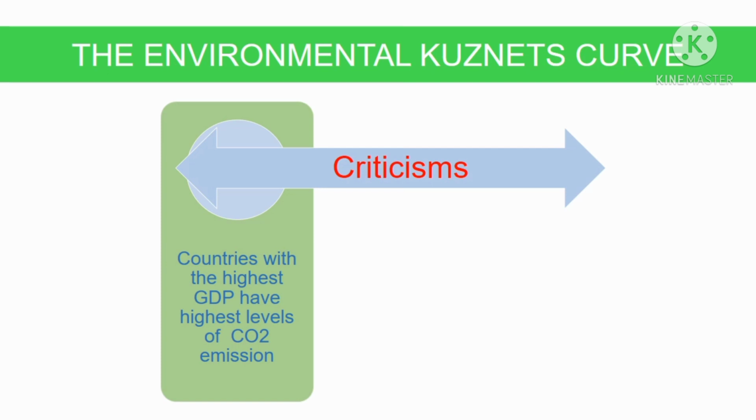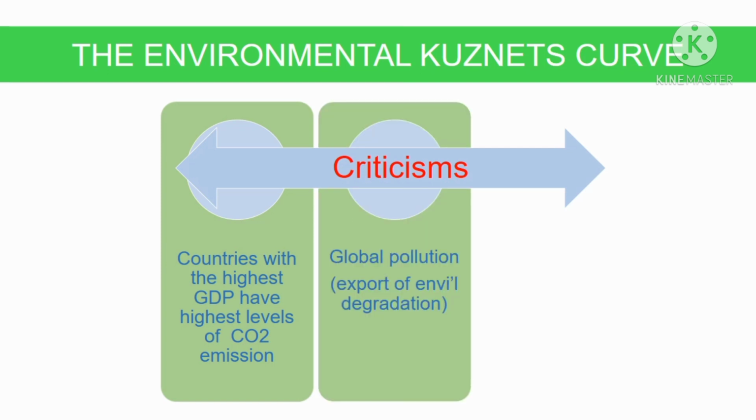Countries like the United States have carbon dioxide emissions of around 18 tons per capita, while the Philippines by comparison has 0.87 tons of carbon dioxide per capita in 2016.